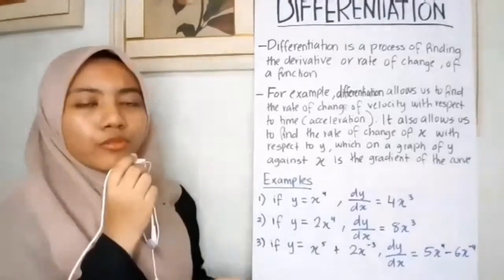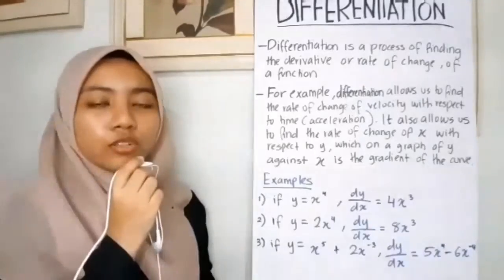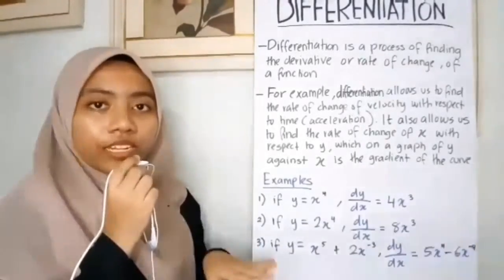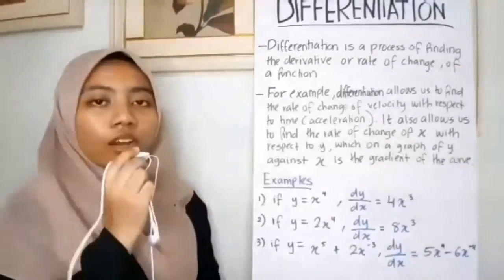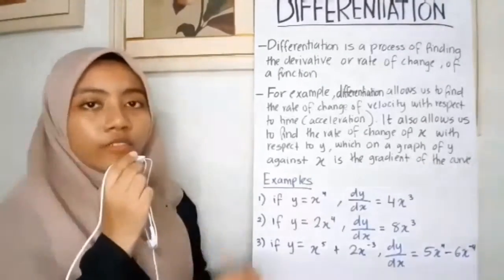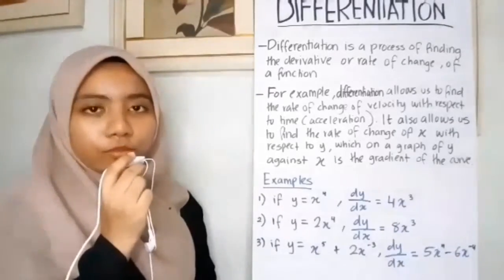So we can use differentiation to find the gradient of the tangent and the normal line. We can also use differentiation to solve problems that involve volume and area of an object.